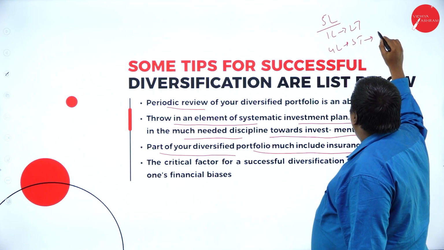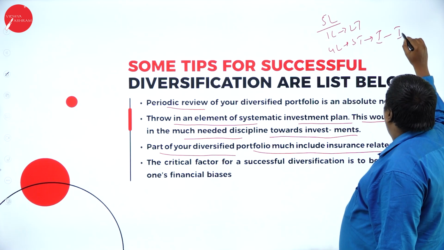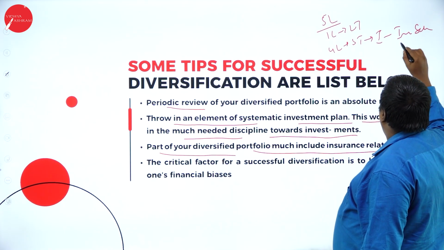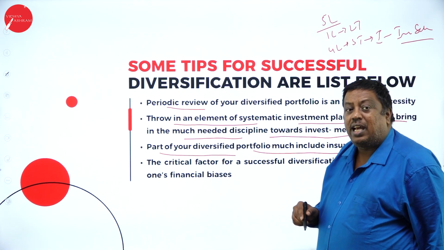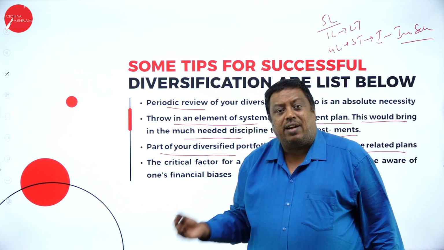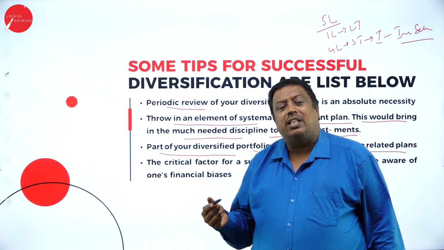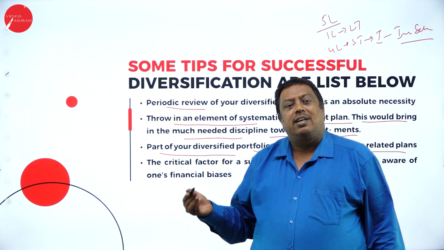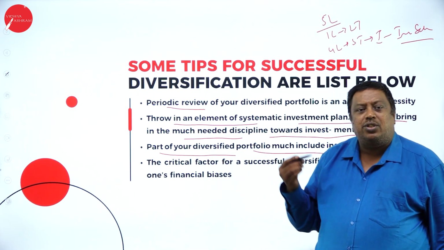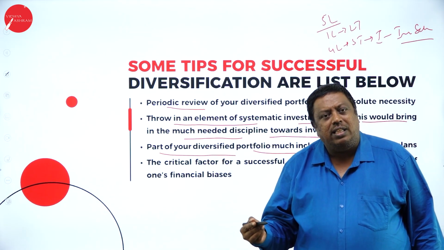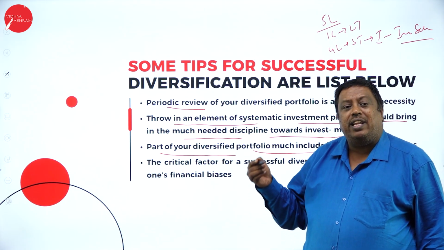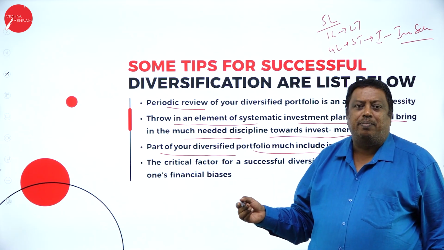In that short term, one of the investments should be an insurance scheme which supports you for your future benefits, for your future requirements, whether you invest on your life or on the health part of your life, whatever it is, that will ensure your body and everything is secured for your future benefits.